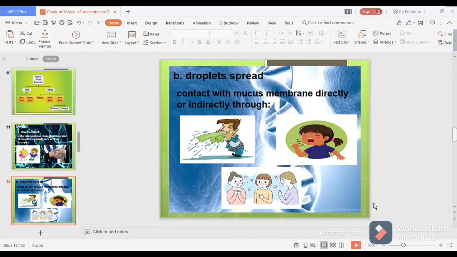It is one of the examples of transferring bacteria to another.